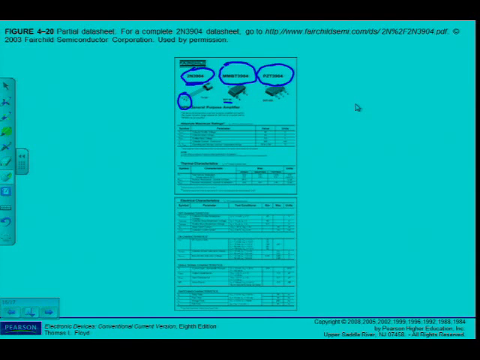Okay, and for the other devices as well. Normally it will give you the physical size of it as well, because if you have to design a circuit on a printed circuit board, you have to know the physical size of these devices so that you can do your design properly to get all these components fitted onto the board.